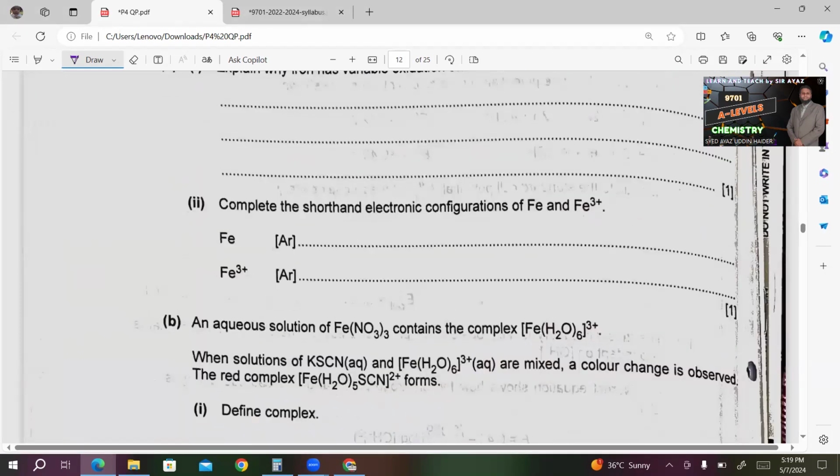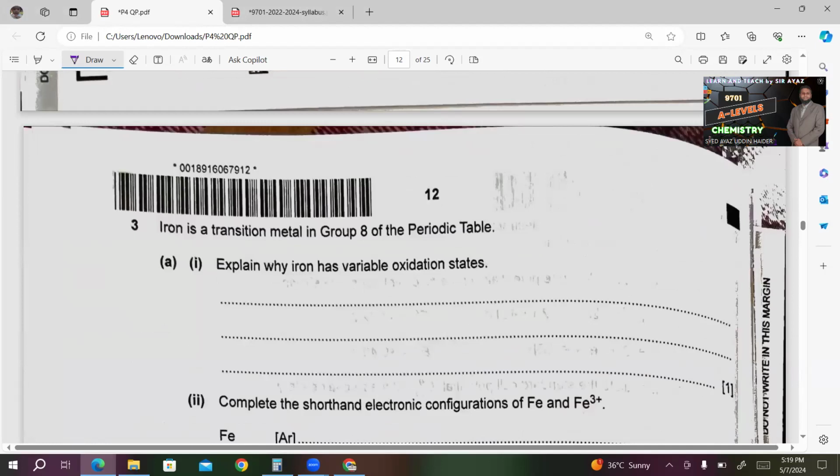Moving to next question. Question number 3. Iron is a transition metal, group 8 of the periodic table.